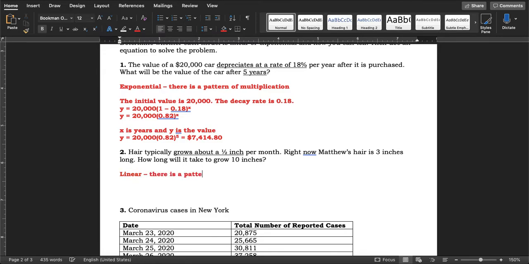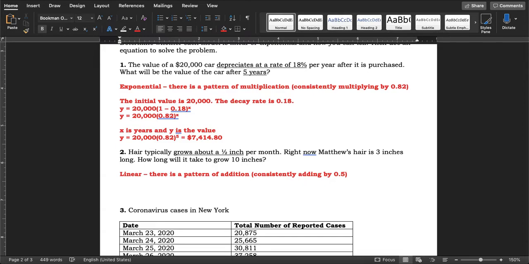There is a pattern of addition. Here we were consistently multiplying by 0.82. Here we're consistently adding by 0.5.